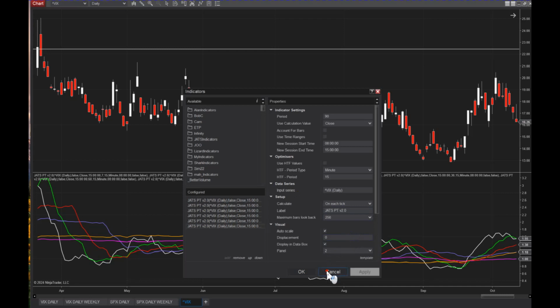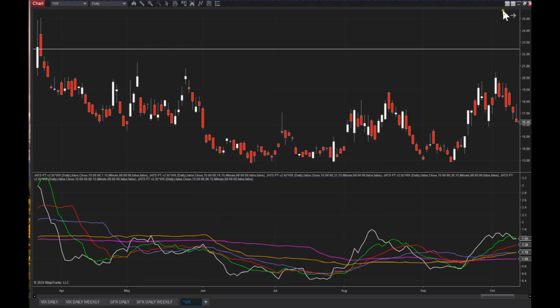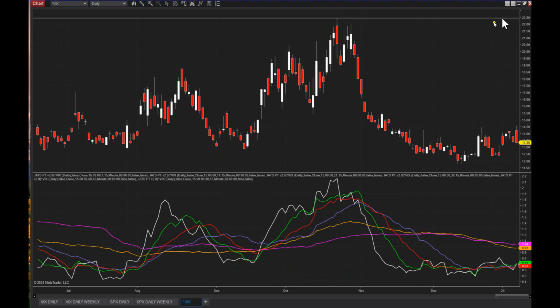But this is so intuitive and instructive. You can see how the volatility has just been flatlined, completely flatlined. We went down to 0.5.